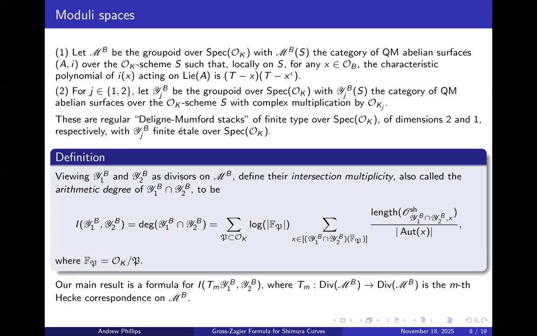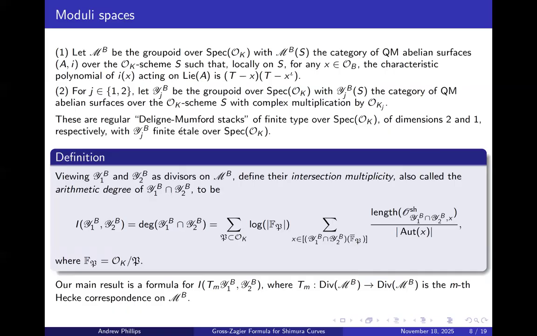The way you define this is you look at all what are called étale neighborhoods of the geometric point X. So you look at all schemes over the moduli space that are étale over it, and you look at geometric points of this étale neighborhood.